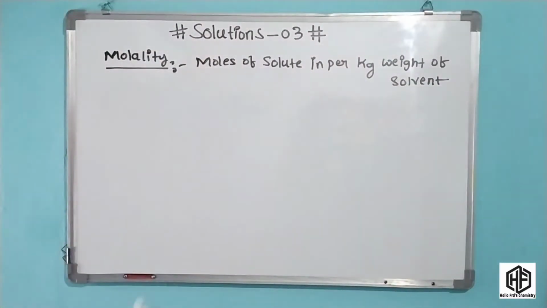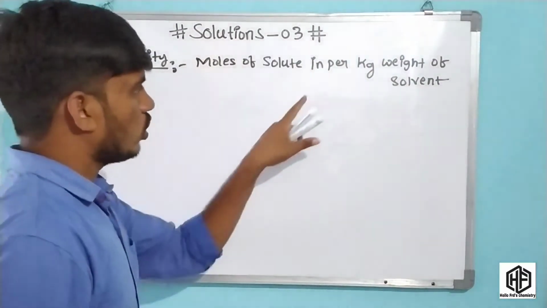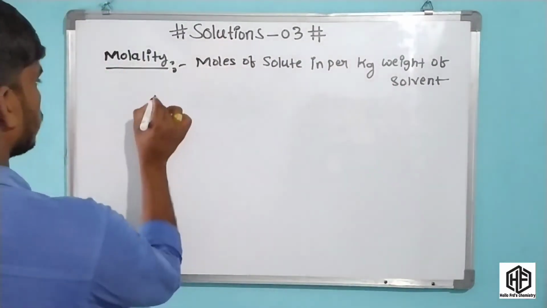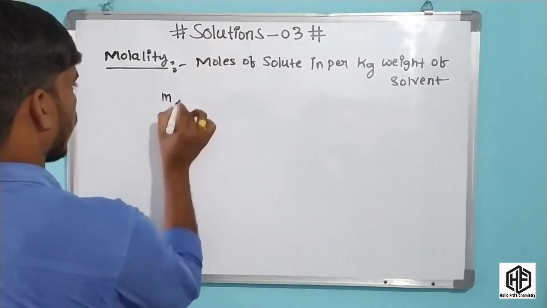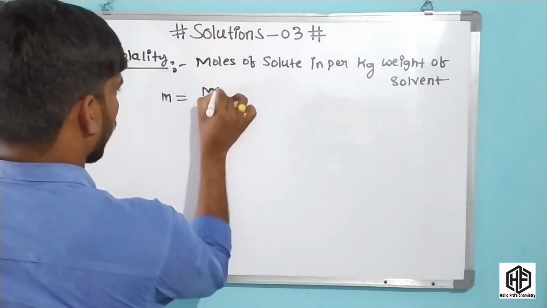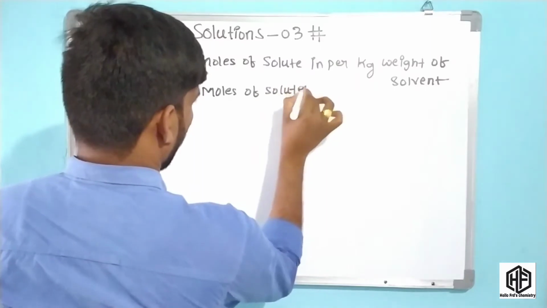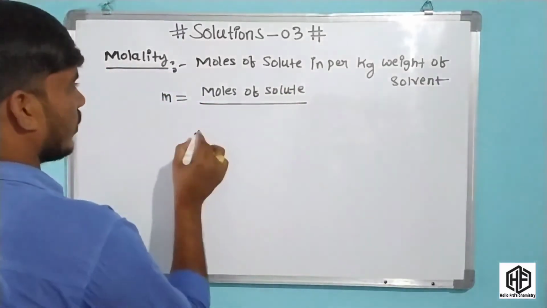Okay friends, what is molality? The number of moles of solute per kg weight of solvent. This molality is represented by small m, equal to the number of moles of solute per kg weight of solvent.